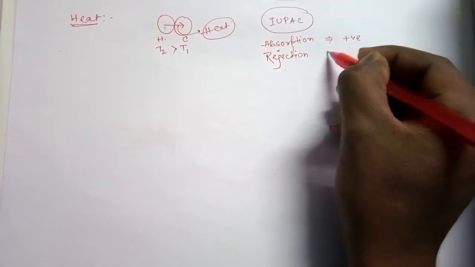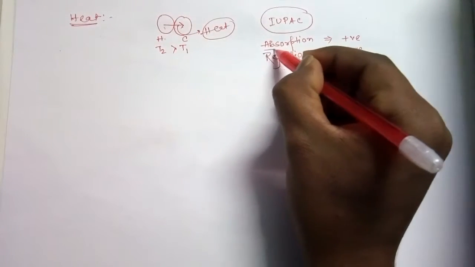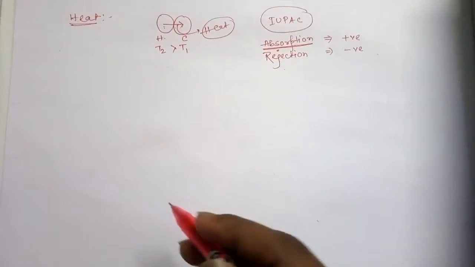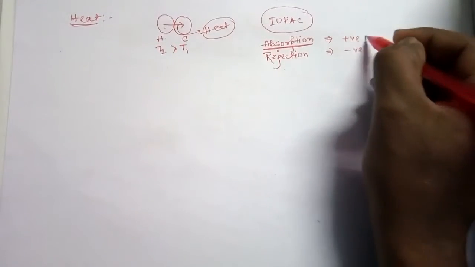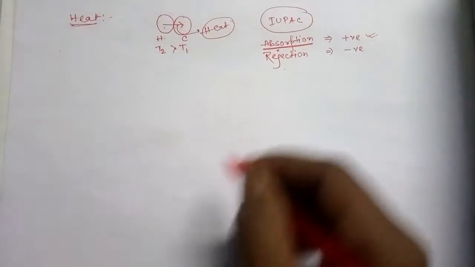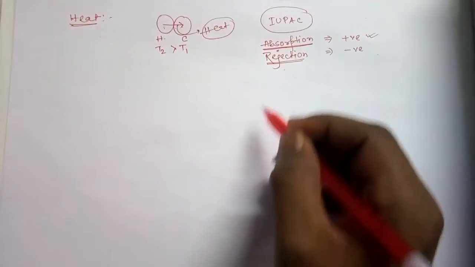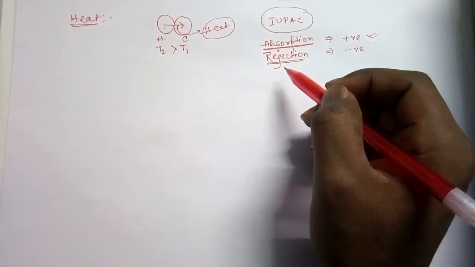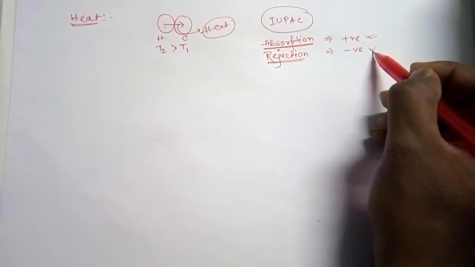Why? Because if the system absorbs energy from the surroundings, then the total energy of the system increases. That is why it is positive. And if the system rejects energy to the surroundings, that means the system's energy is going to decrease. That means this is negative.